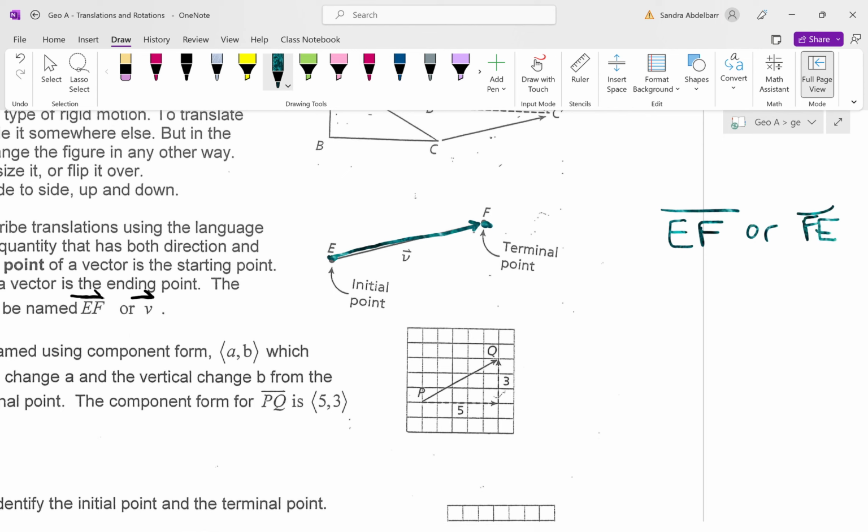Does the order matter? No, because the direction doesn't matter. For a vector, it absolutely matters. So if I have vector EF, that means I'm starting at E and ending at F, versus if I have vector FE, what does that mean? I'm starting at F and ending at E. So that's the difference between a vector and a segment. A vector has direction.